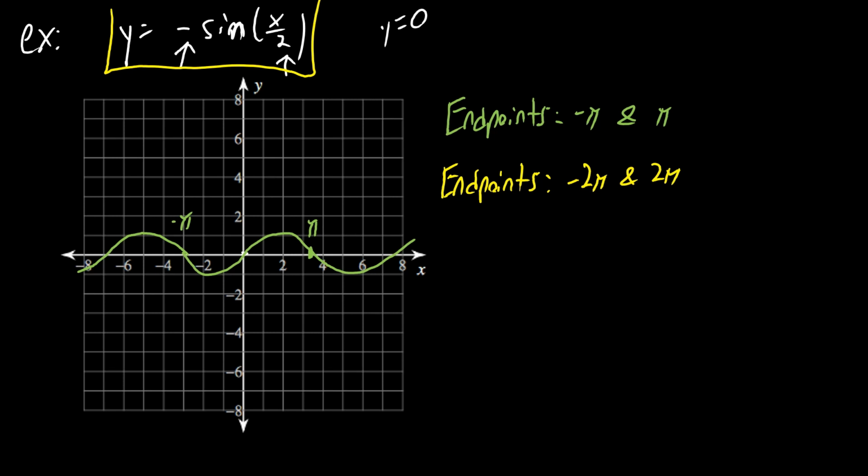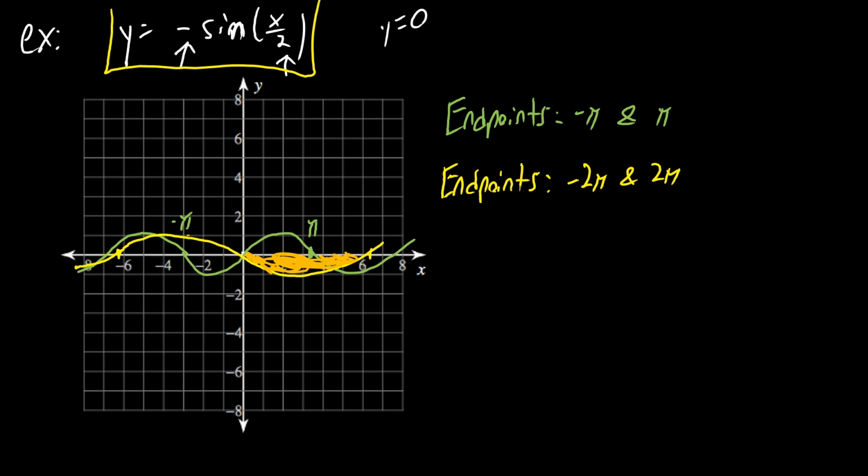Okay, so our new intercepts here are going to be negative 2 pi, so that should be like negative 6.28, and positive 6.28. And we are still going to have that intercept there. Okay, I think that is pretty good. I'm happy with that.